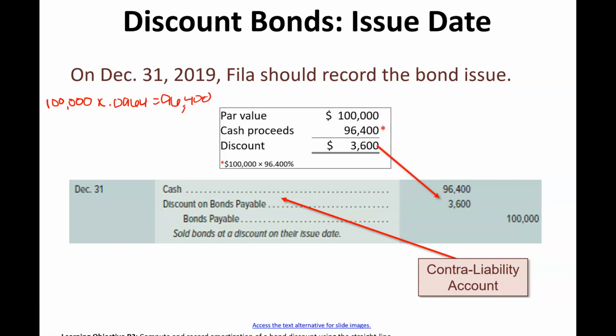So what happens here is at the end of these 2 years, the company is going to give the bondholder $100,000. But they don't have to give the company $100,000. They only have to give the company the $96,400, and then they will still get the $100,000 at the end. That's where the discount comes in.